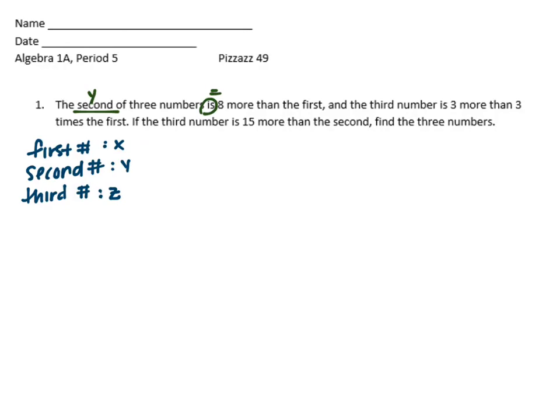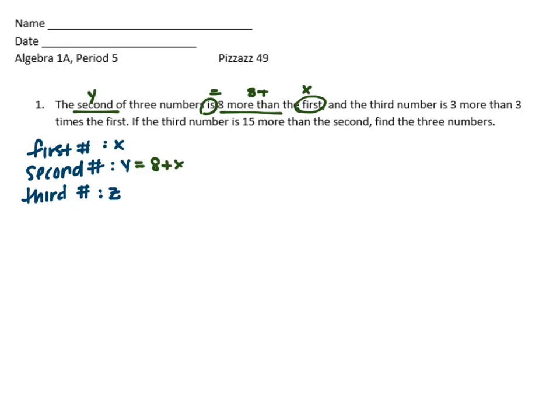And "is" is the same thing as equals. 8 more than means 8 plus, and the first is x. So I can write y is equal to 8 plus x, and that's my first equation that we've been given.